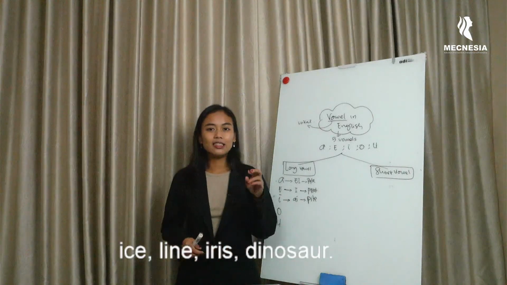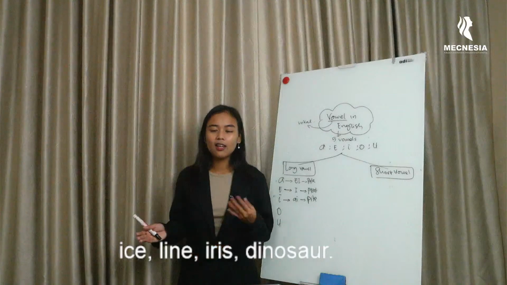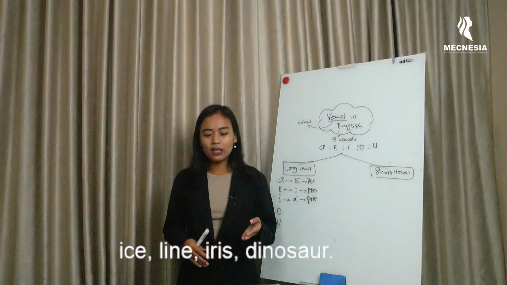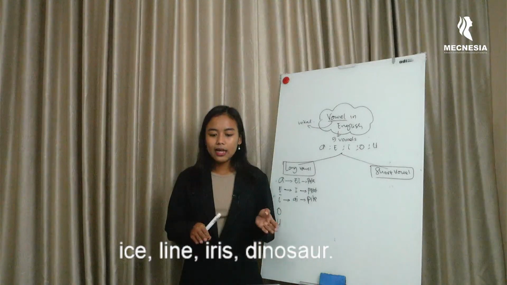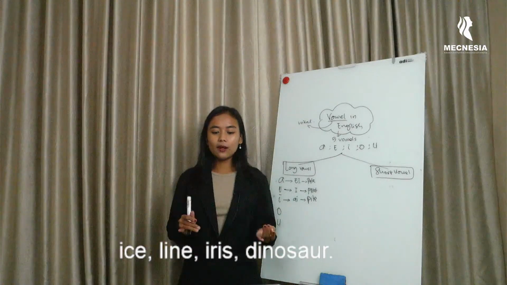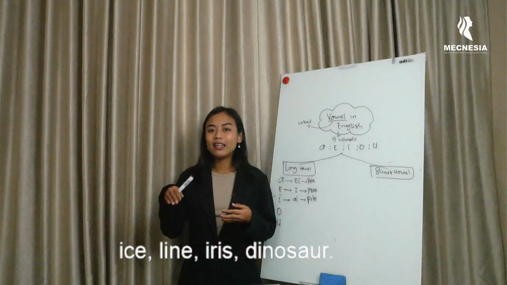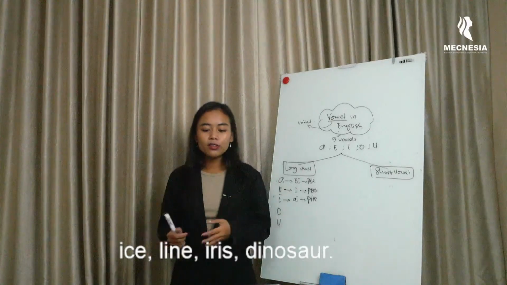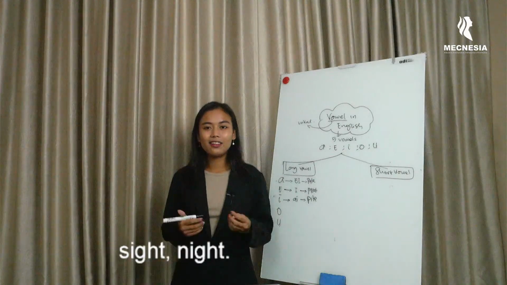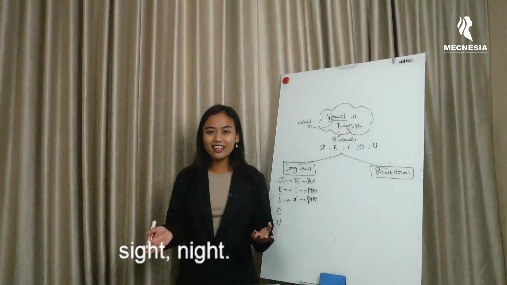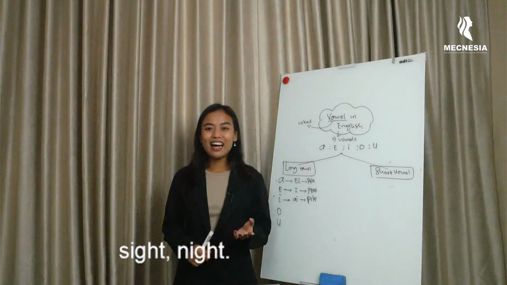Next rule is the B. Selanjutnya, yang B. Okay, when the I is followed by silent GH. Ketika huruf I-nya diikuti oleh GH yang tidak dibunyikan. For example, like in side. Let's try it. Side.